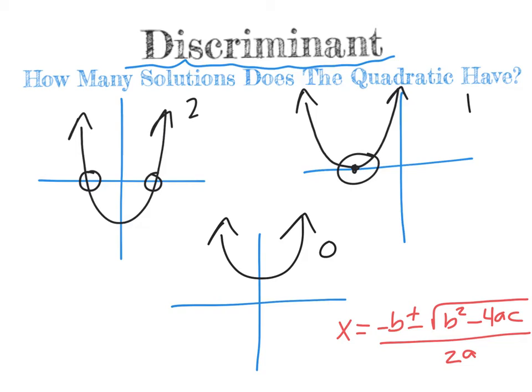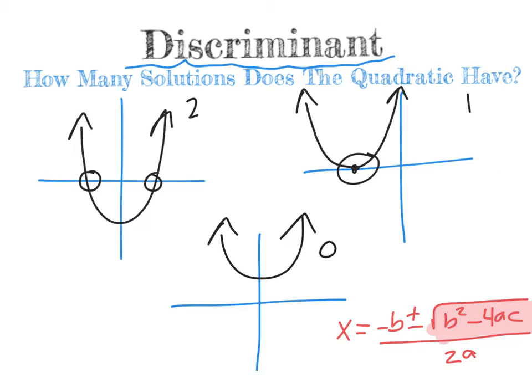This piece of the quadratic formula is known as the discriminant, that part that I highlighted. If you solve this piece, just the shaded region of the quadratic formula, it will tell you if you have two solutions, one solution, or no solution.